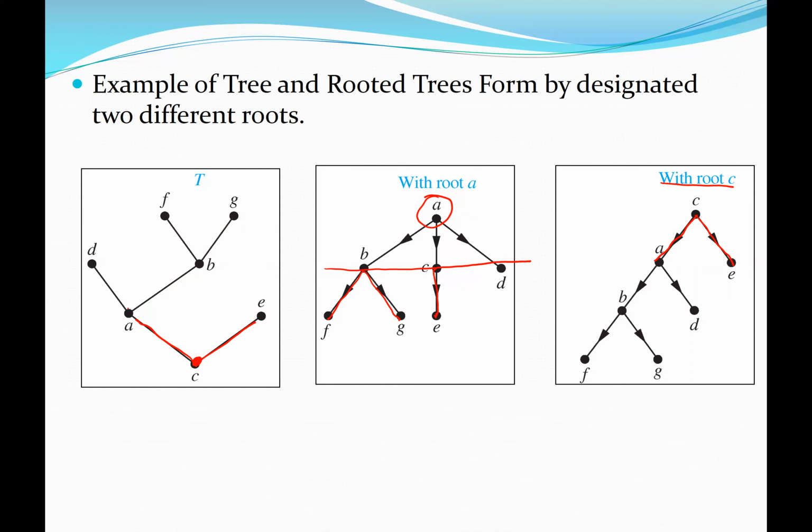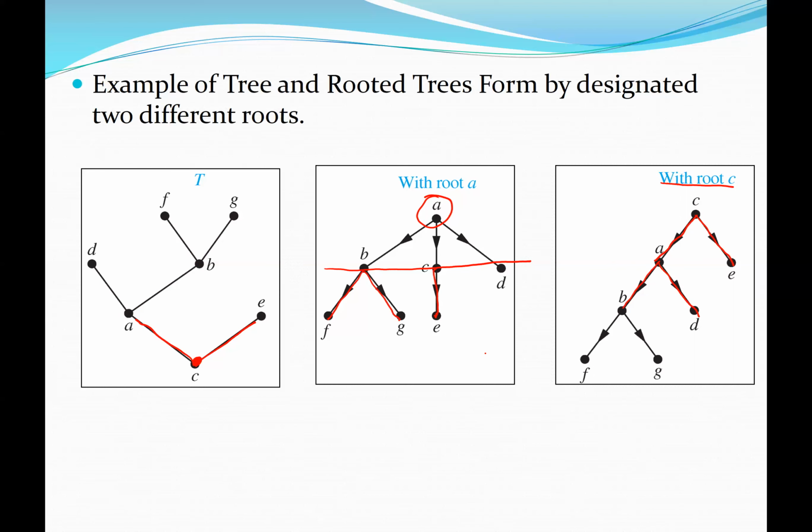But now A has B and D as neighbors. We follow alphabetical order, so you write left to right, B and D. D stops right there, and B reaches out to F and G. The neighbors of B are F and G, and F comes right before G, so we use that order. There you go.